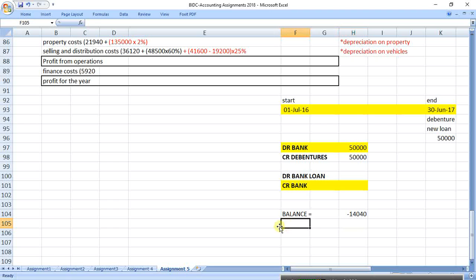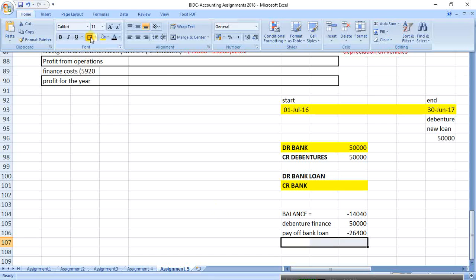You've received money, debenture finance. How much debenture finance came in? 50,000. Then you pay off the bank loan. And the bank loan was minus how much? 26,400. So do we now have a balance?